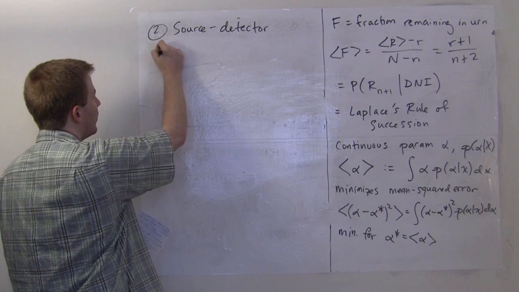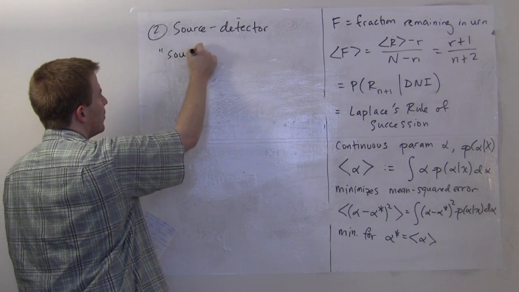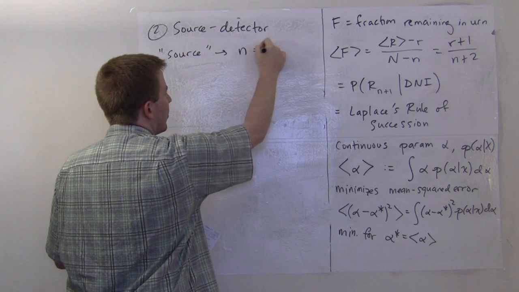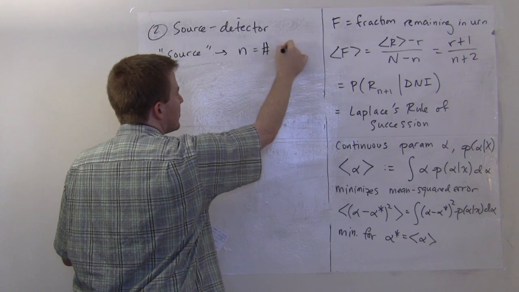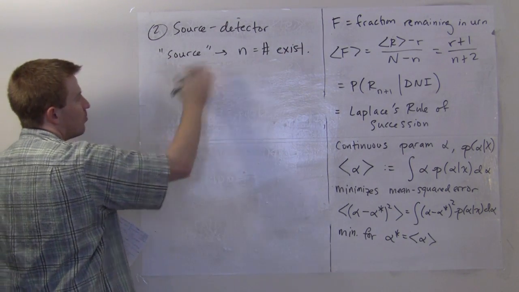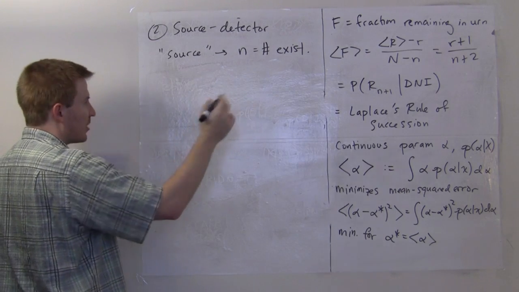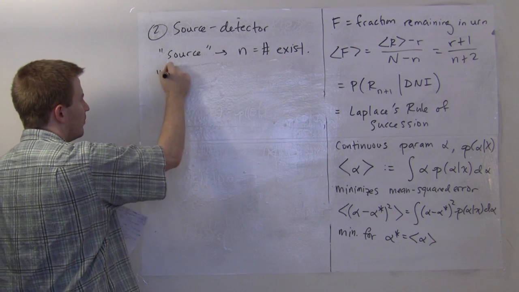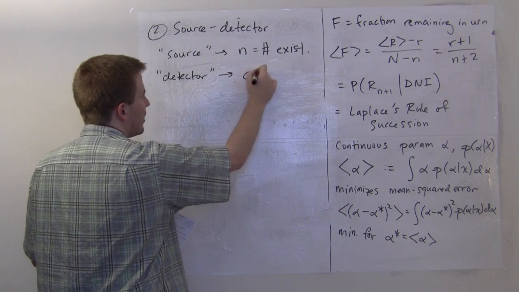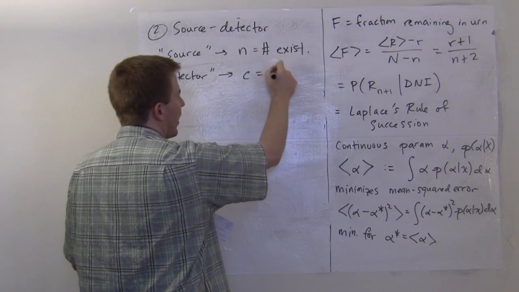So we have a source which gives some number n, which is the number in existence. We then put all of these objects through a detector, and what comes out of that detector is a number c, which is the number counted.